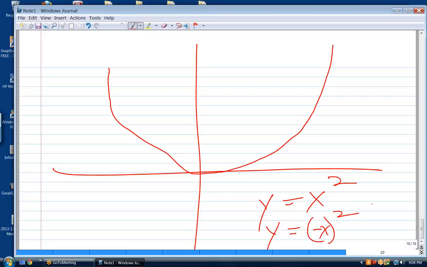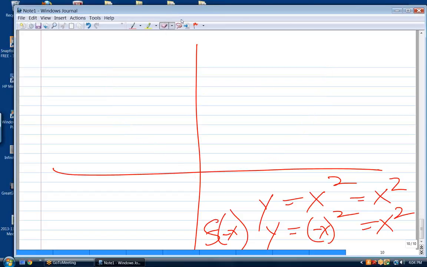They look the same. They're both equal to x squared. In other words, this is f of minus x, which is equal to the same thing that f of x is. And if that's the case, it's an even function and it's symmetrical about the y-axis.